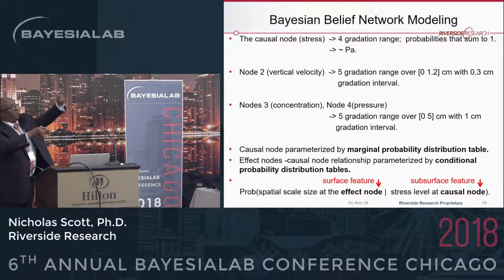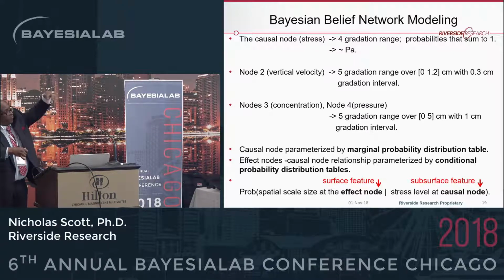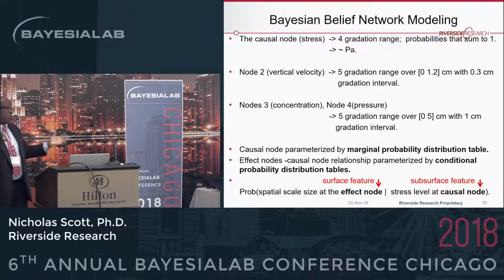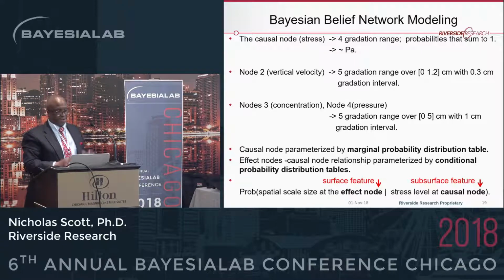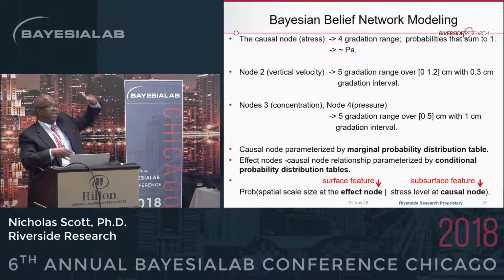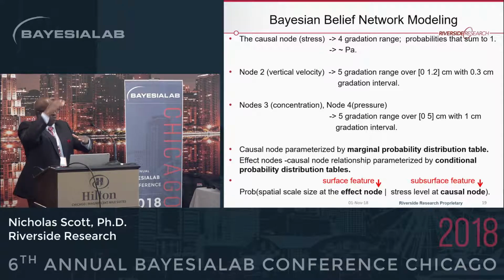So we're trying to figure out if we can look at physical scale at the top, how is that related to what's going on at the bottom? In other words, stress. Again, we're looking at conditional probabilities, the probability of a surface feature, spatial scale size, as the effect node, conditioned on the stress level at the causal node, the subsurface feature. So it's always surface and subsurface.